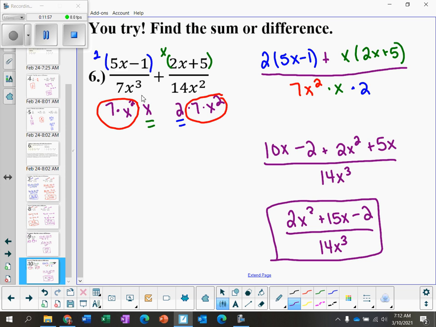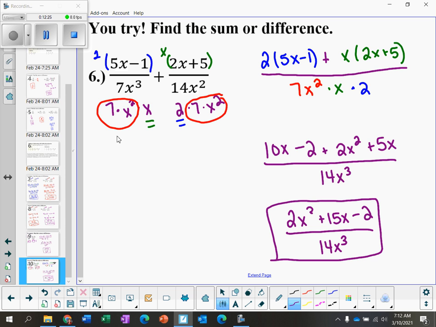This fraction had an extra x, and this one had an extra 2. So this got multiplied by the 2, and this got multiplied by the x. All right, and then the bottom was made up of the common 7x squared, and then the 2 pieces, the x and the 2. All right, so when I distribute and combine, I'm left with 2x squared plus 15x minus 2 over 14x to the third.